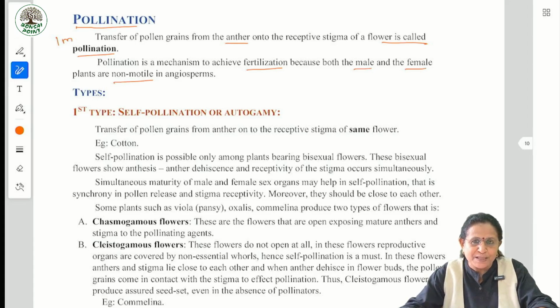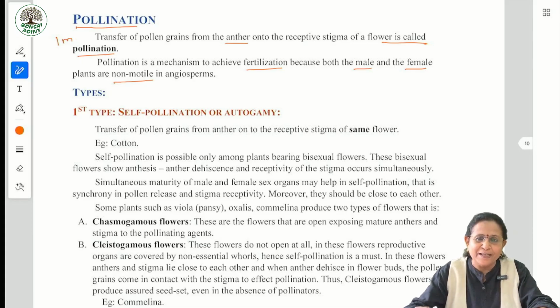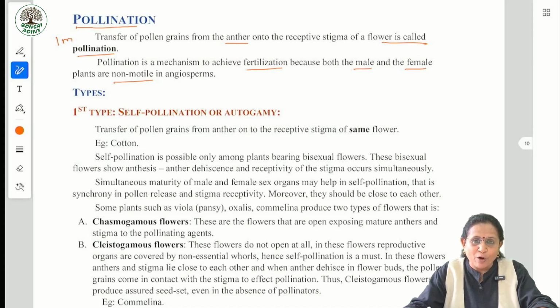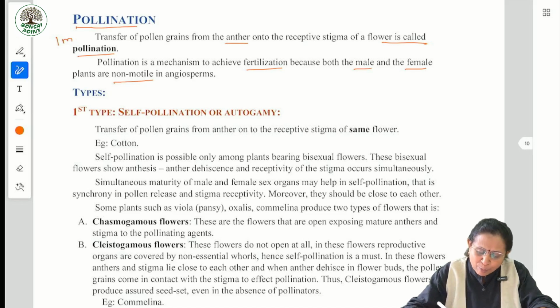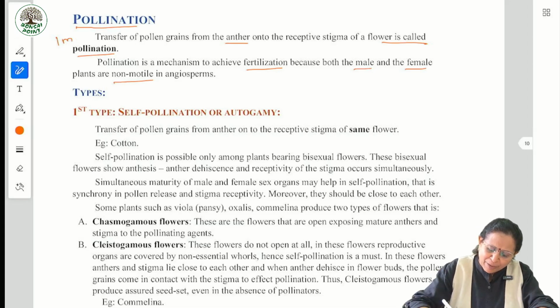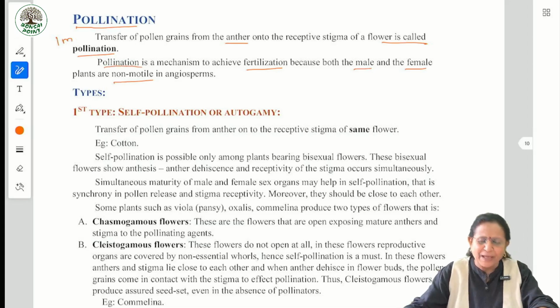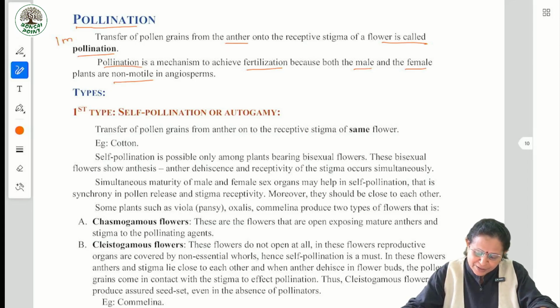In lower forms, at least the gametes keep on moving, and a thin film of water is required for the process of fertilization. But here, in angiosperms, both the male and the female plants are non-motile. Thereby, pollination is the mechanism to achieve fertilization.